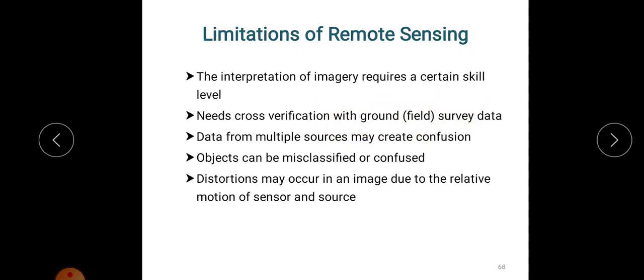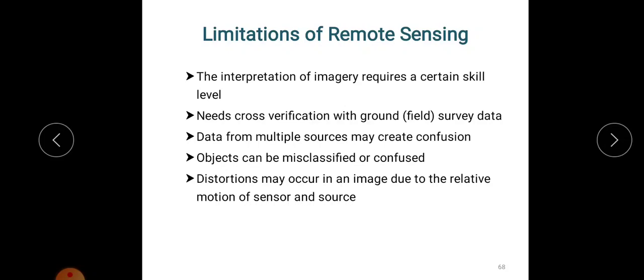We are using so many varieties of wavelength, so the spectral reflectance of these wavelengths varies very much. So we cannot predict the spectral reflectance of these wavelengths over different types of earth features. So the final result will be a little bit confusing if we are using so many sources.